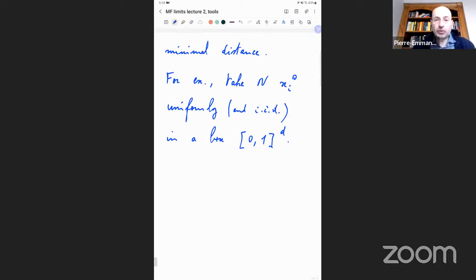So we want to have a probability that you're never going to take two of them closer than r, right? So what is the probability that for all i, j, right, xi0 minus xj0 is larger than r, right?